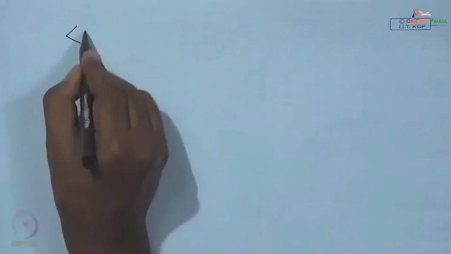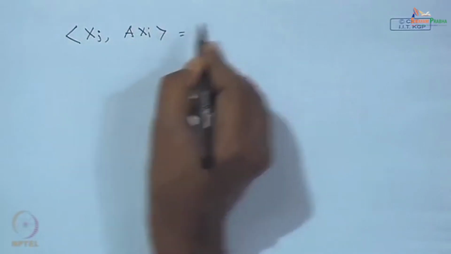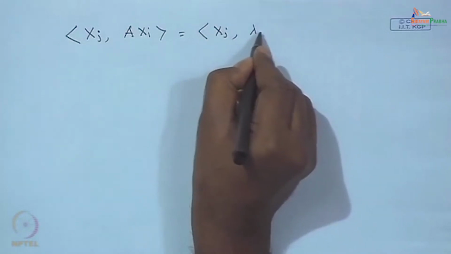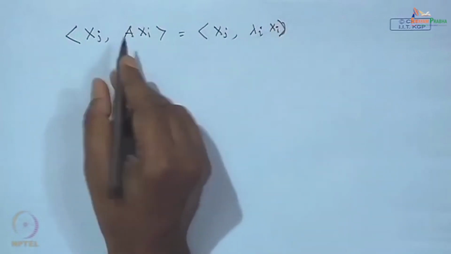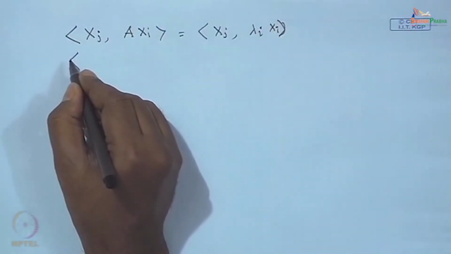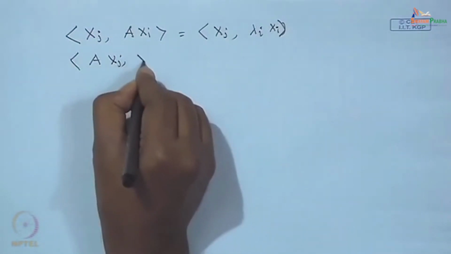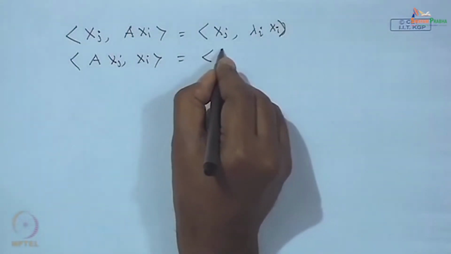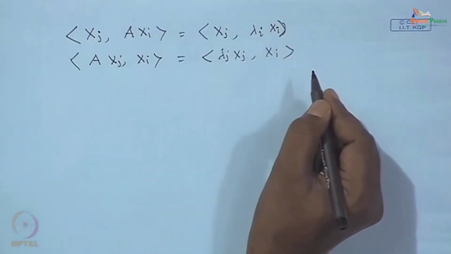From these two we get the inner product of x j and A x I is equal to the inner product of x j and lambda I x I. Second, the inner product of the second equation with respect to x I: A x j comma x I is equal to the inner product of lambda j x j and x I.